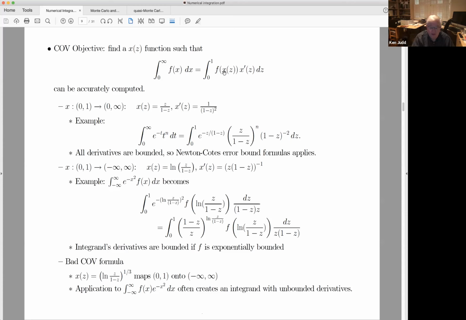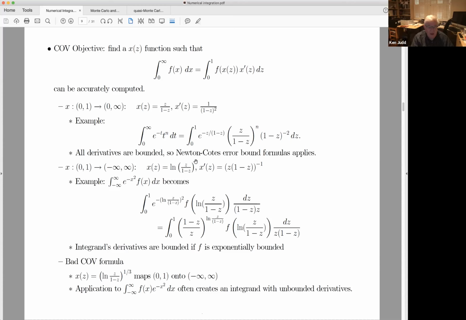So basically x equals x of z, where z goes from 0 to 1. One example of that map would be z over 1 minus z. It has the properties we want, and here's x prime. And so one way you can integrate this infinite domain integral is to integrate this over a finite domain.